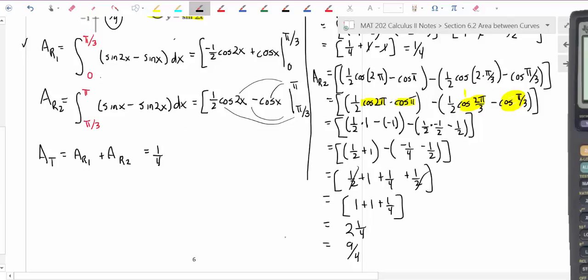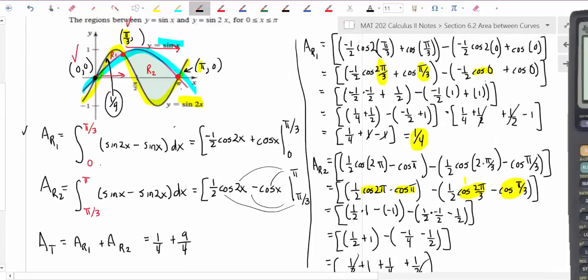Okay, so it looks like we have our two regions now. We have that integral was 1/4, that integral was 9/4. So now we're ready to add these two things together. Let me scroll up here and show you what I got. We now have this second region calculates as 9/4.